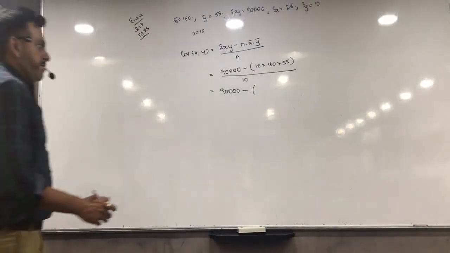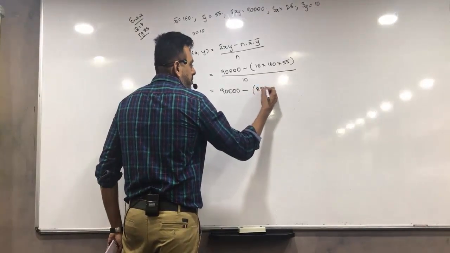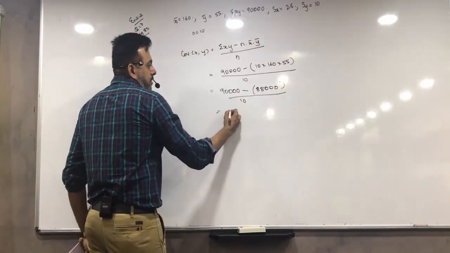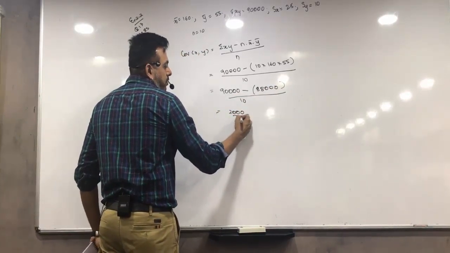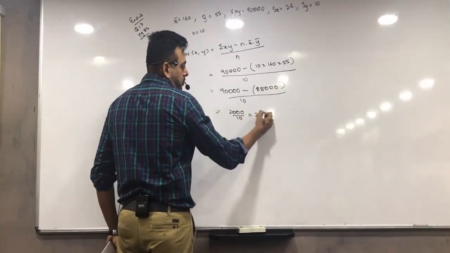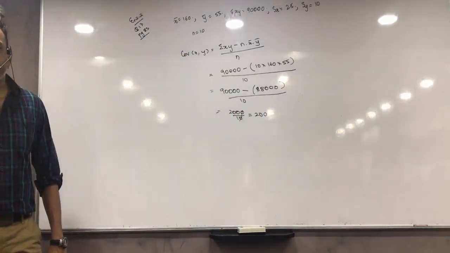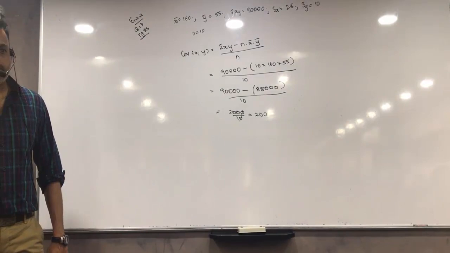That is 88,000. That's right. 88,000 upon 10. 2,000 upon 10, which is equal to 200. We'll get covariance. Now you can do the sum.